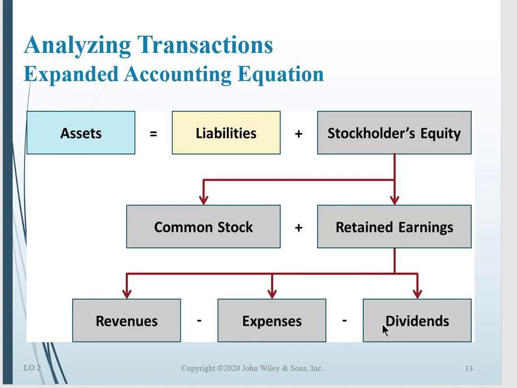So when a company has profits, it can decide what to do with those profits. It can pay them out to investors in the form of dividends, or it can keep them and reinvest them in the assets of the firm. So retained earnings essentially represents the reinvested profits of the company.